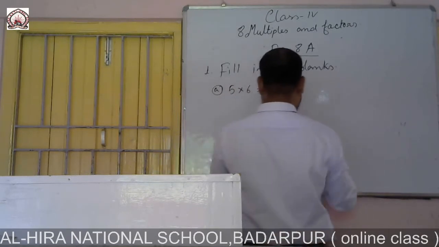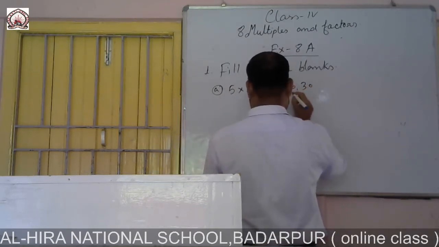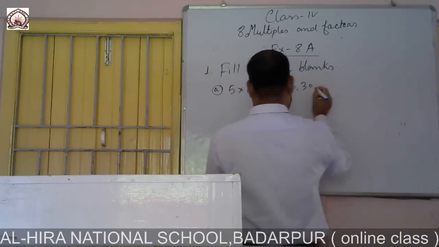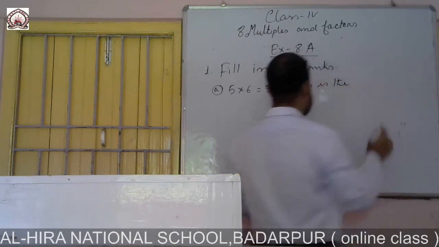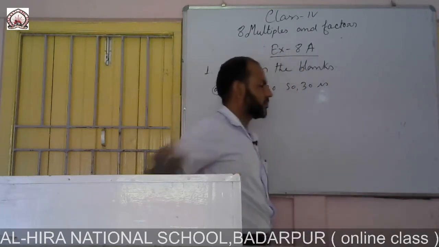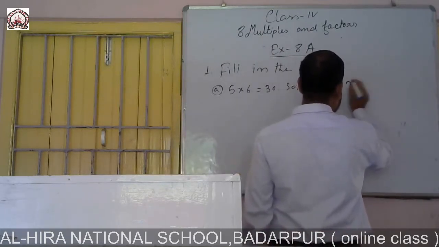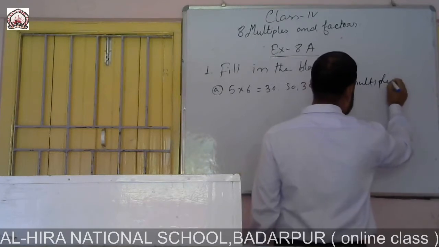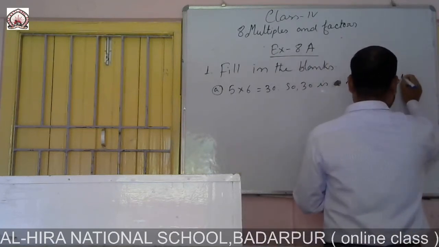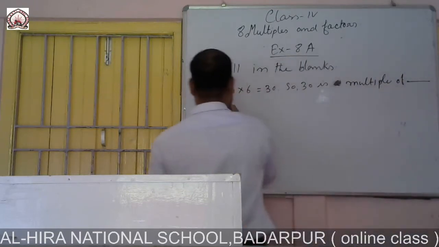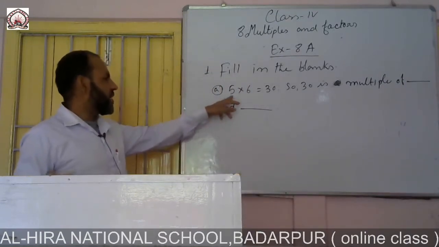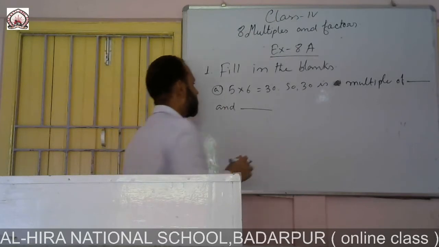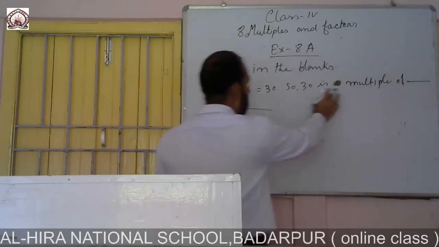So 30 is a multiple of dash and dash. So here 5 into 6, 5 6s are 30. So 30 is the multiple of 5 and 6.